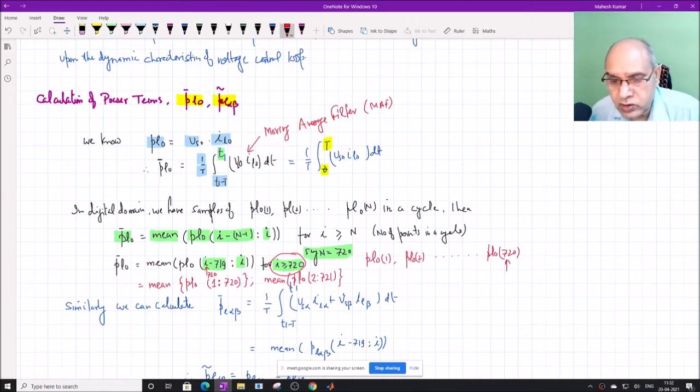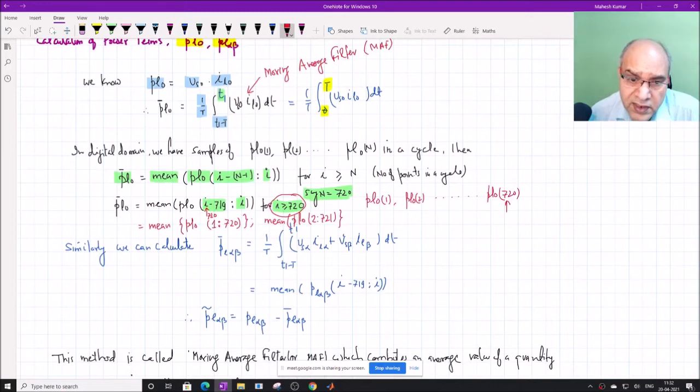So like 2 to 721, then 3 to 722, then 4 to 723 and so on, it goes on updating the samples. Alright, so this is called the moving average concept. This is used for computation of all the average components of the power. We can also calculate in a similar fashion the PL alpha beta bar.